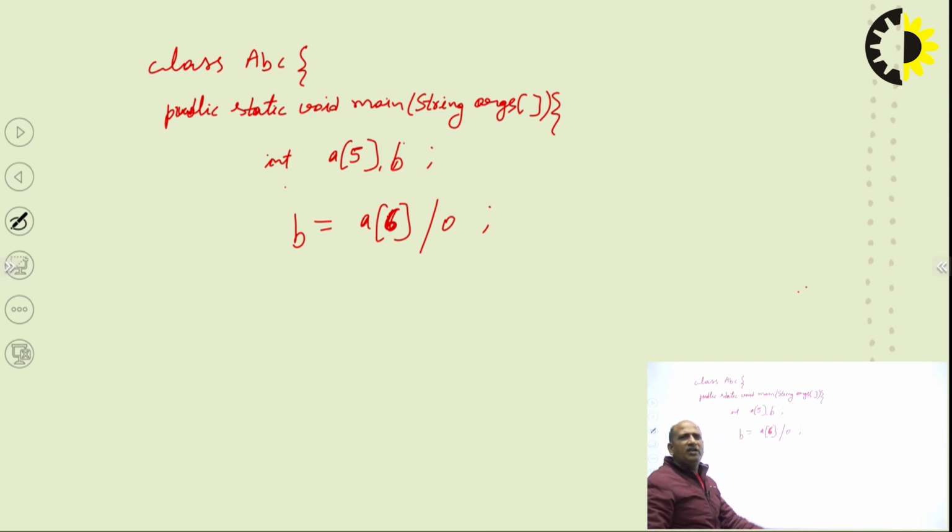Means at this place two types of exceptional situations arise: first, array index out of bound, and another one is divide by 0. To handle it, we may put this line within a try and catch block. You can apply more than one catch with a single try. Catch may be many with a single try.